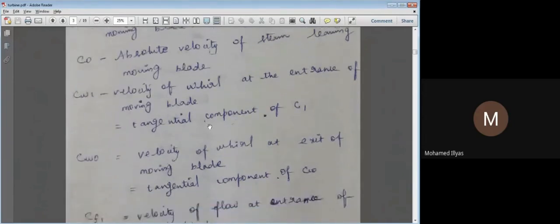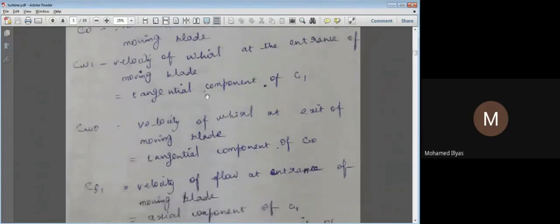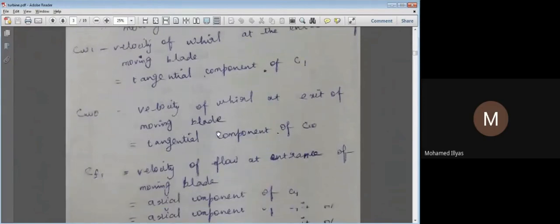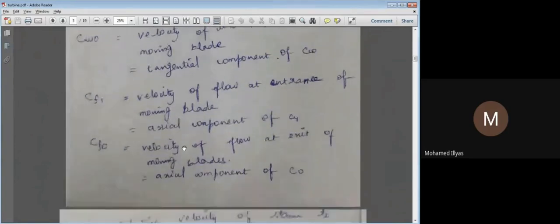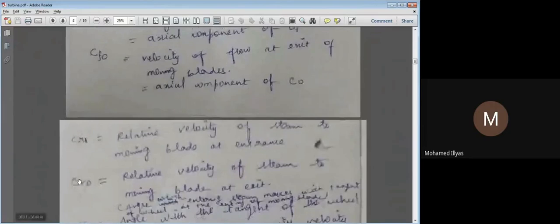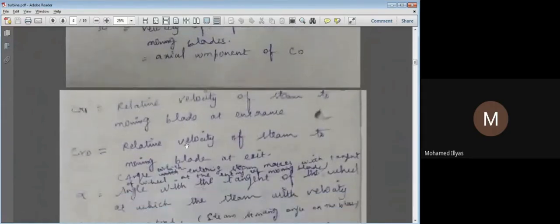CW1 is the tangential component of the velocity at entry, otherwise called the whirling velocity. CWO is the corresponding tangential or whirling velocity at the outlet. CF1 is the axial component of velocity, or flow velocity, at inlet, and CFO is the corresponding velocity at outlet. CR1 and CRO are the relative velocities of the steam at inlet and outlet respectively.